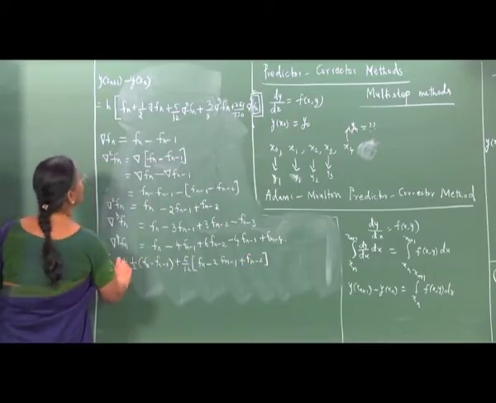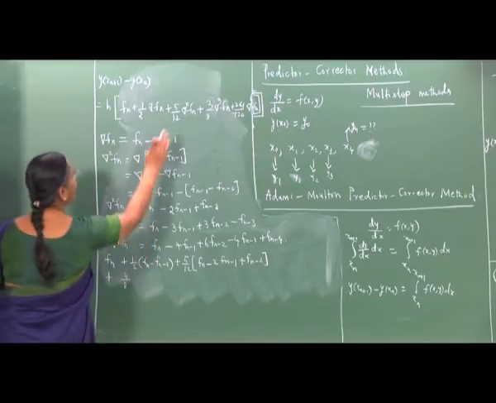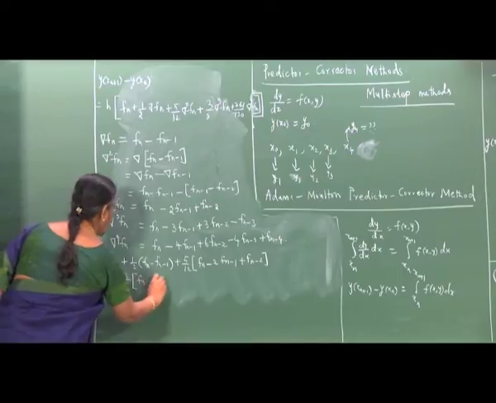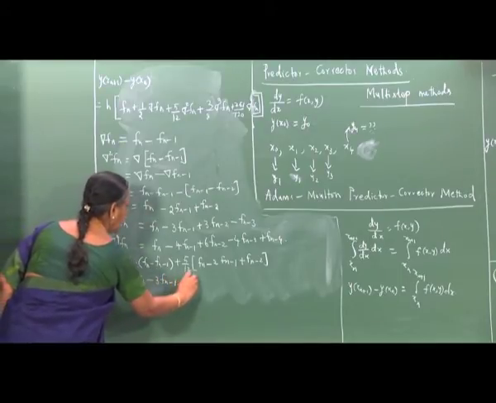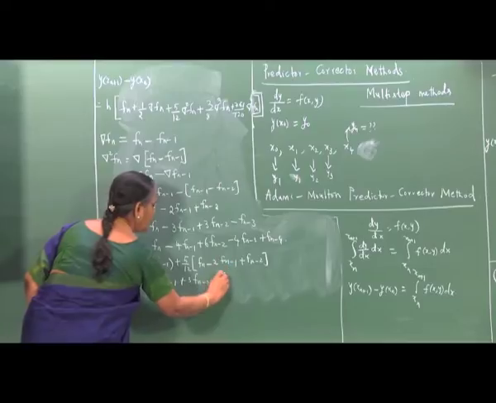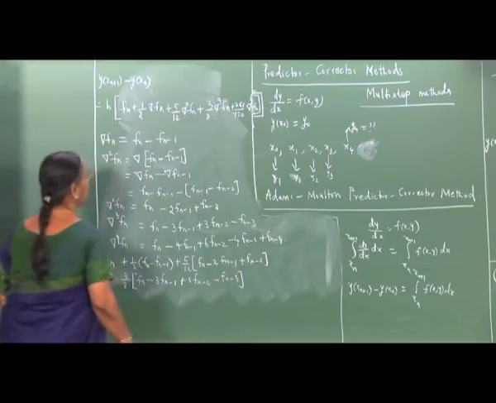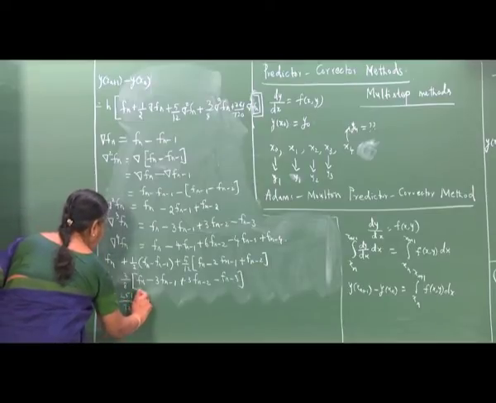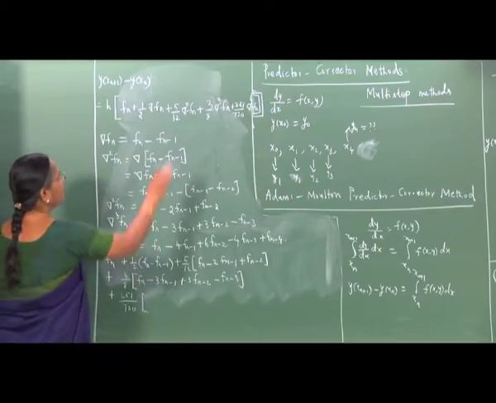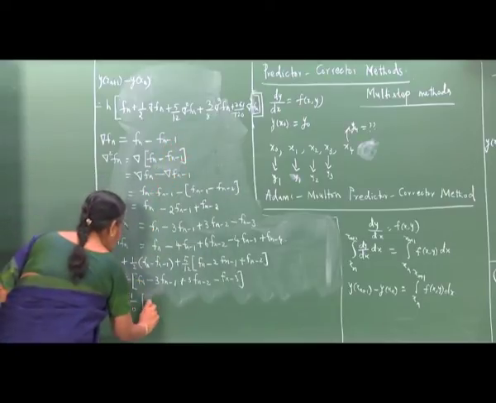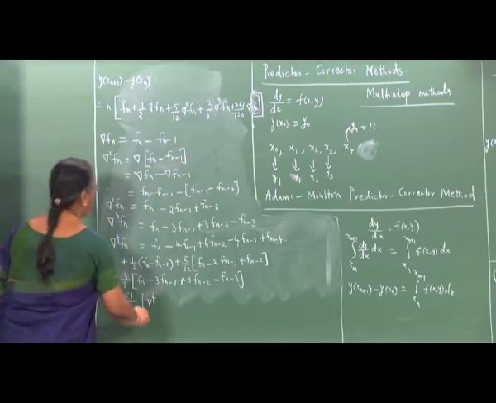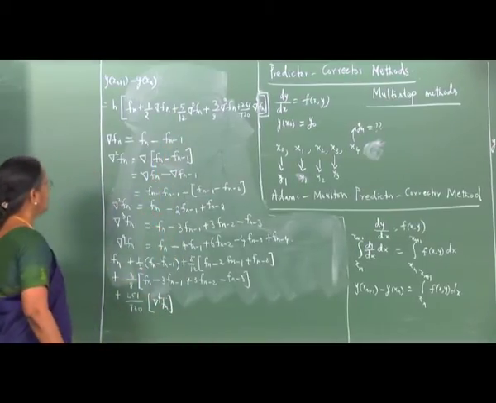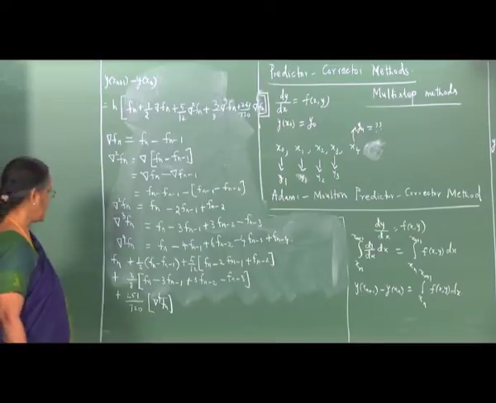Then I have 3 by 8 into del cubed Fn, that gives you Fn minus 3 Fn minus 1 plus 3 Fn minus 2 minus Fn minus 3. And finally, this term 251 by 720, we shall retain as it is, as del power 4 into Fn. I do not want to substitute that in terms of the function values.